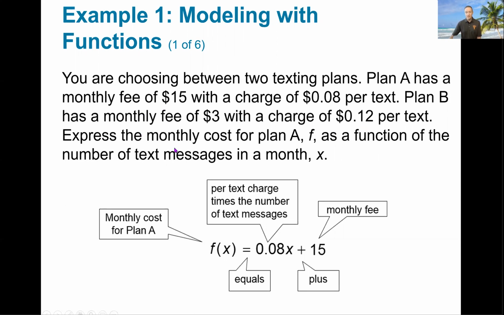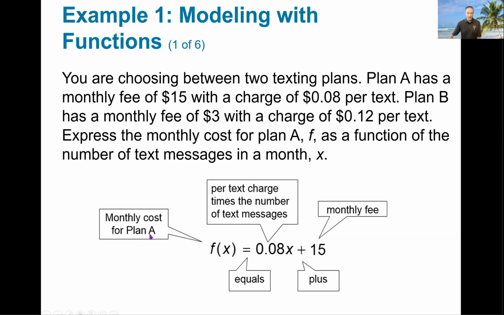We're supposed to express a monthly cost for Plan A, and that's going to be called function f as a function of the number of text messages in a month x. So x is the number of messages you send. So we want to create a function f that's going to represent the cost of that monthly plan.